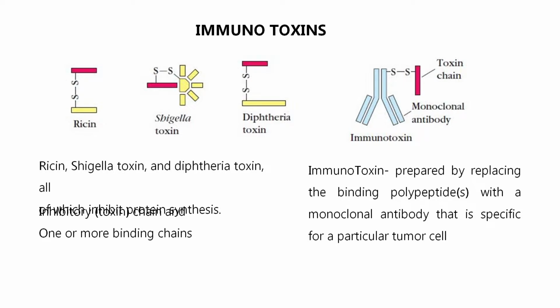So of all the cells present in our body, only that particular tumor cell, your immunotoxin will go and attach on its surface and liberate the toxin into that particular cell. This is how monoclonal antibodies can be used for treatment also.